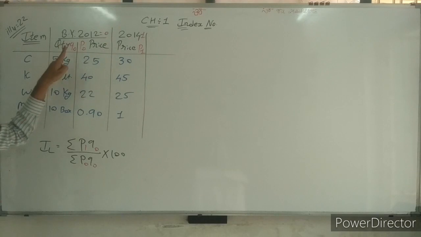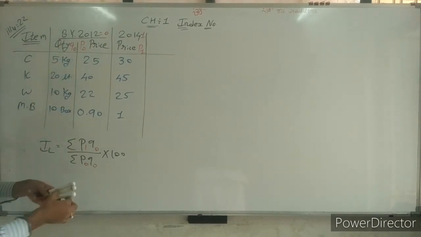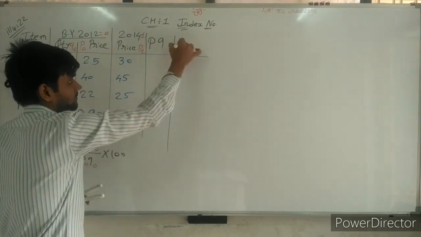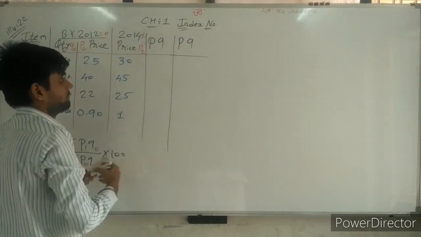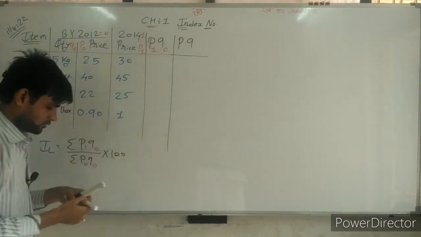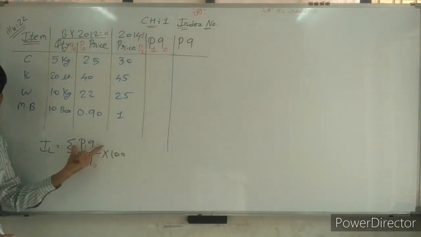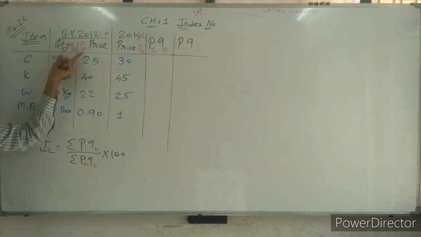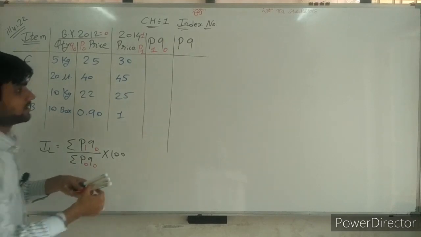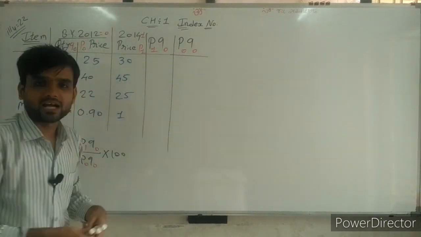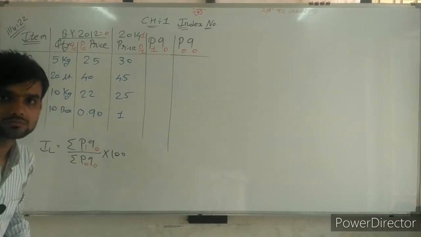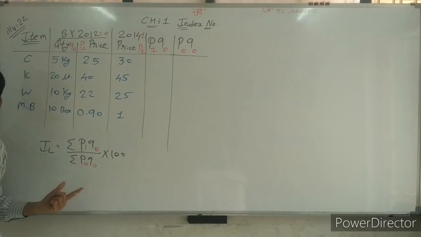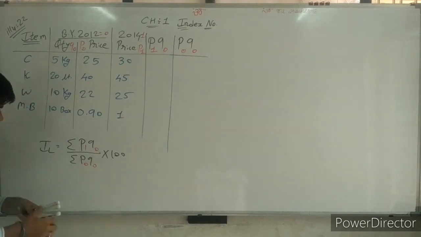Yes sir, I can find it very easily. Now think P0Q0. Is it possible? Yes sir, P0Q0 is also possible. So I can find both numerator and denominator.